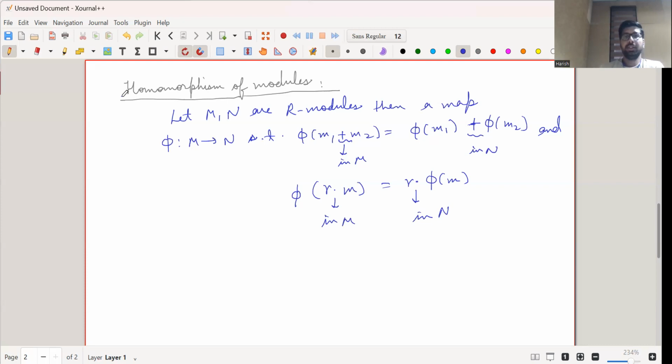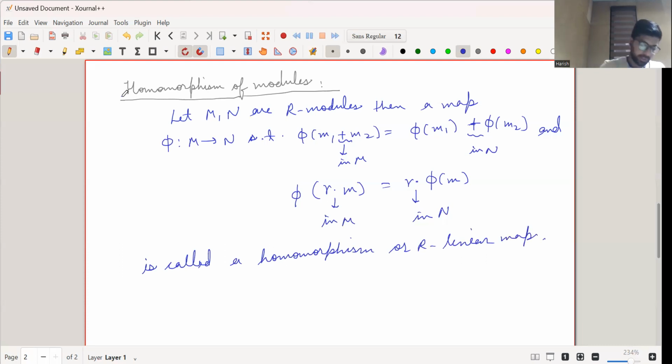This is a module structure in M, and this is from the module structure in N. So any map that is compatible with the additive one and the scalar multiplication from the ring is called a homomorphism or R linear map. Okay.